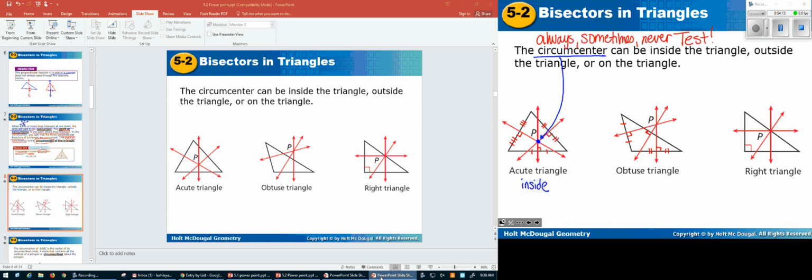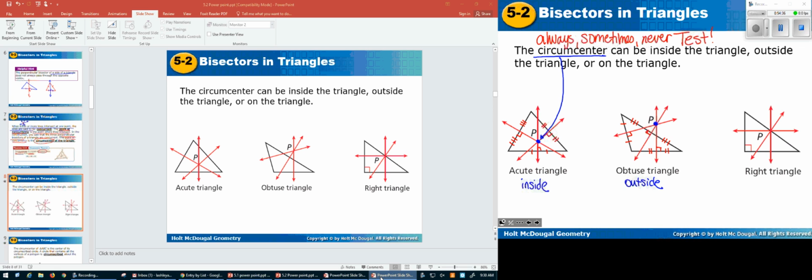Well, it's not really hypotenuse since this is obtuse, but on that side, and it is splitting it into 2 congruent parts. Okay, and so what do we call point P again? I'm going to keep saying it till you memorize it. Circumcenter. And where is the circumcenter if the triangle is obtuse? Outside.